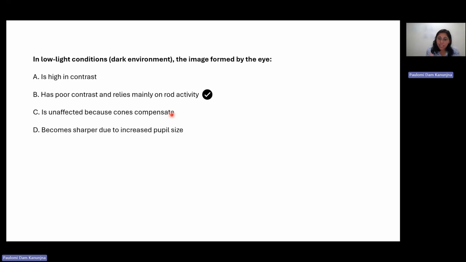That's exactly what happens in the eye also, because in low light only the rods are acting, and the rods have low spatial resolution, so they cannot discern the positional or spatial information very distinctly. That's why you have poor contrast. When you go out in the dark, your vision is very blurry and you don't have clear information about what lies ahead of you.